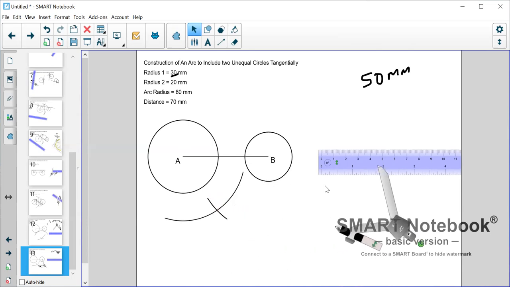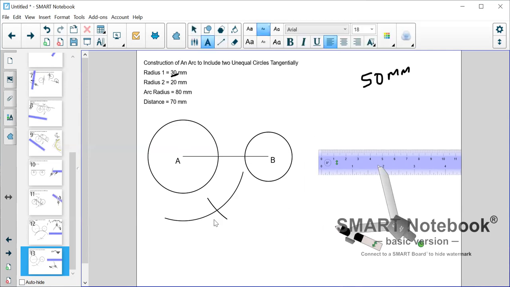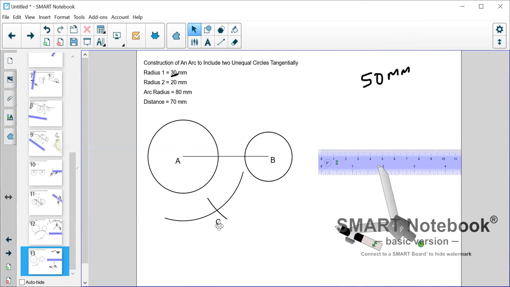All right, we intersect. Now we label that intersection as C. All right, so we have that intersection. Now, just to remind you again, this distance of this arc is 50. All right, the distance from B to C, however, is 60.